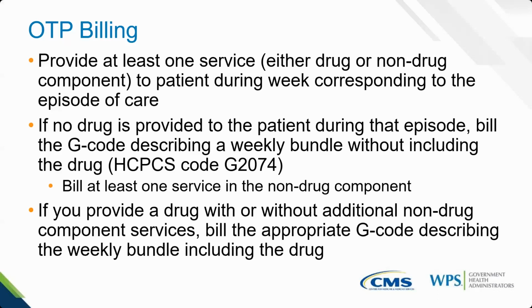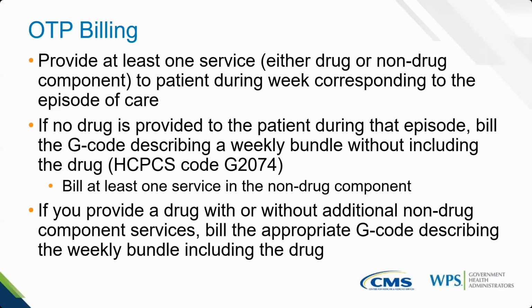So first, providers should provide at least one service, either a drug or non-drug component, to the patient during the week that corresponds with the episode of care. So if no drug is provided to that patient during that episode of care, providers are able to bill with the G code describing a weekly bundle without the drug.